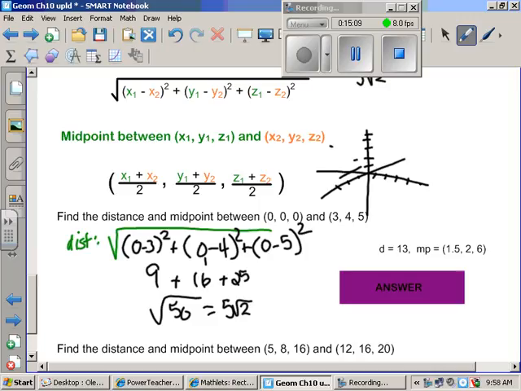So it would be about there. So the distance, can you kind of see this segment going off into space like that?